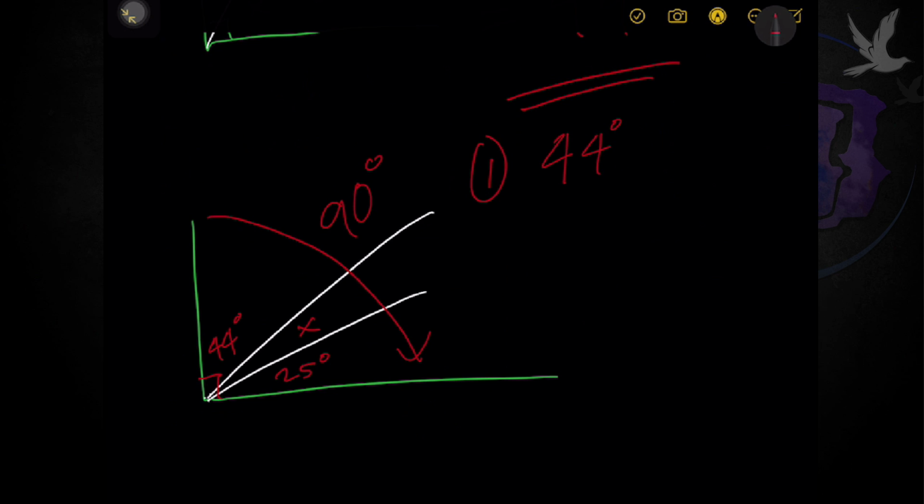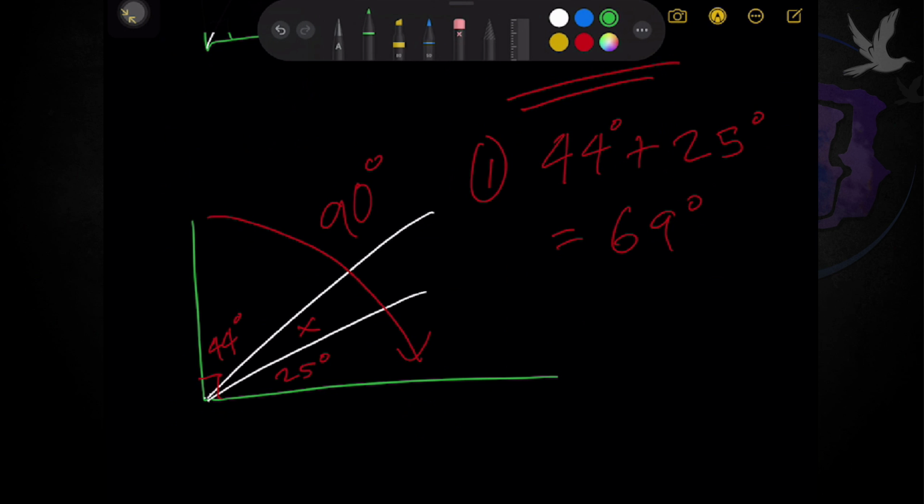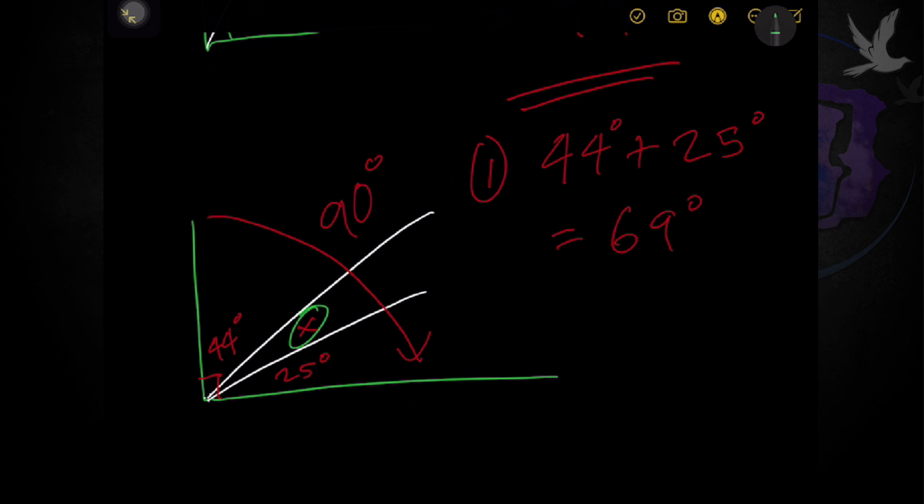Okay? So in this case, there are 2, so we only add 44 and 25 degrees. Okay? 44 plus 25 will basically give us 69 degrees. Now that you have the total, what are you going to do with this to solve for the value of x?